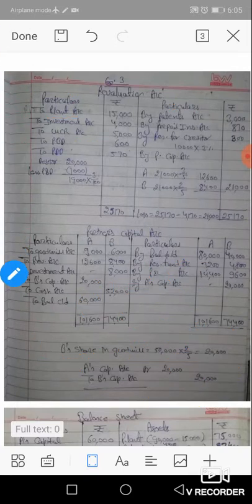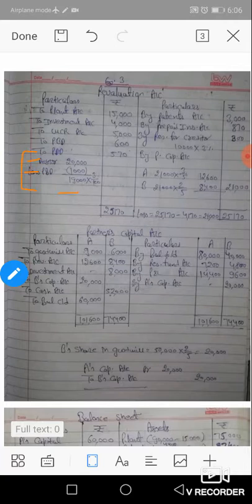Also, provision for discount on debtors and creditors. Yes, this is here: to PBD and to PDD, provision for discount on debtors. How to calculate? First of all, we see the total debtors are rupees 20,000. Our new PBD is 1,000. 20,000 at 5% is 1,000.